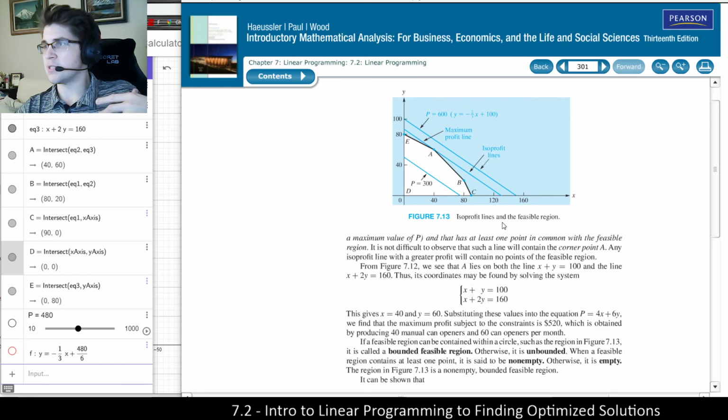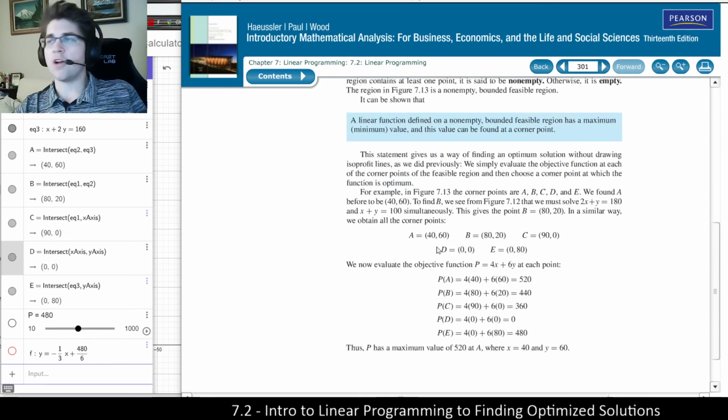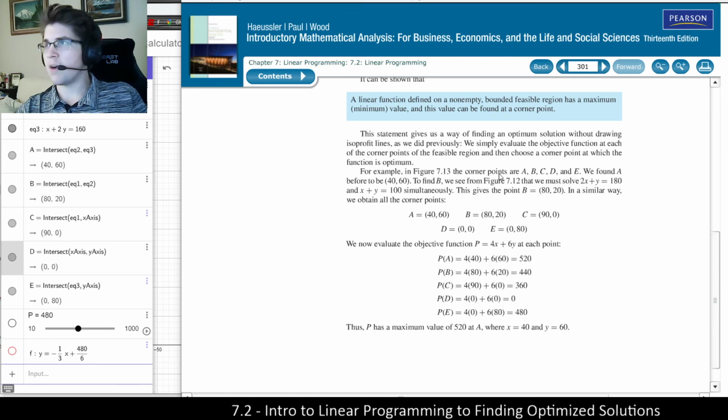That's what the book goes into next: if we find all of those corner points, A, B, C, D, E, we could then plug them into our profit function, figure out the profit, and whichever one comes out to be the highest is our optimal solution. If we plug each of those 5 points into 4x plus 6y, we can see that the profit for point A is higher than all the other points, and that's another way we could figure this out.